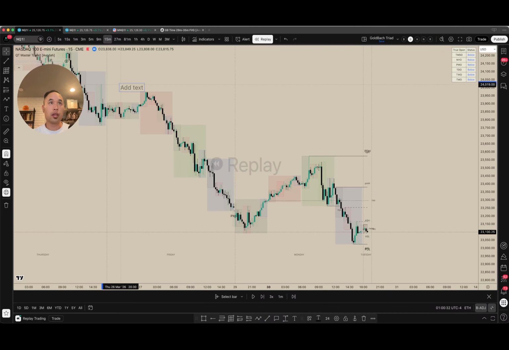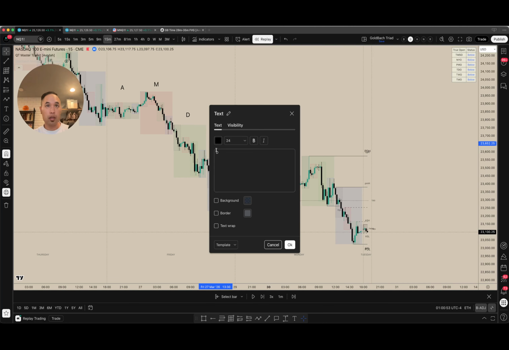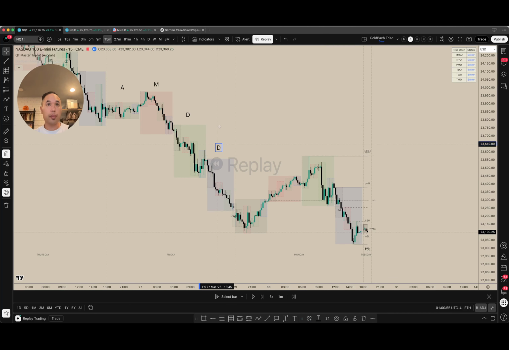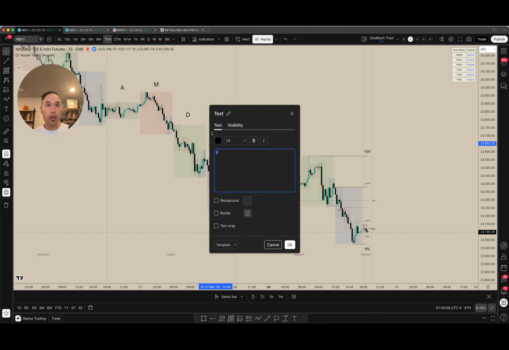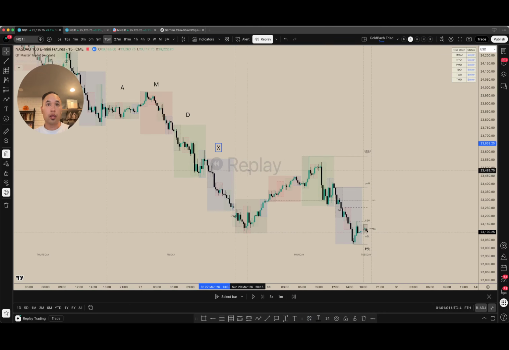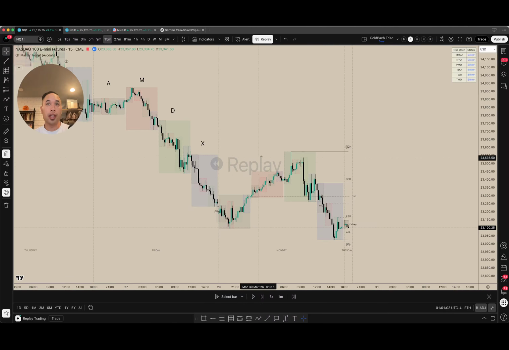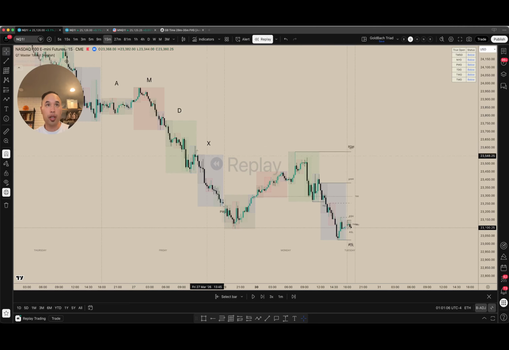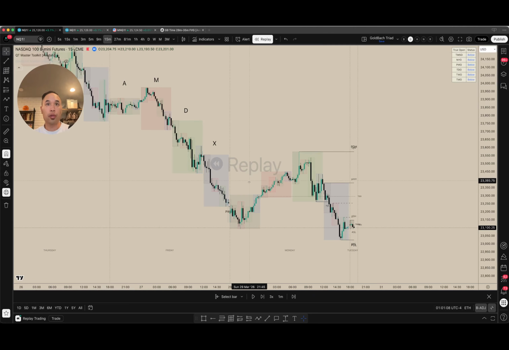So this is A, M, D, and then X. Okay, so AMDX. Or it could be XAMD. Those are the only two combinations of price delivery, AMDX or XAMD.